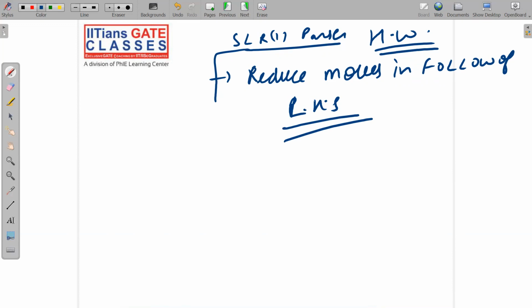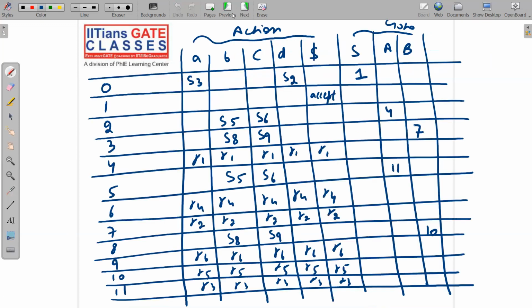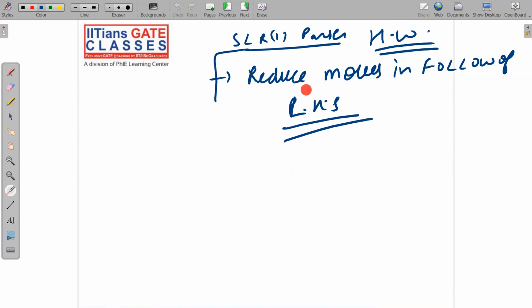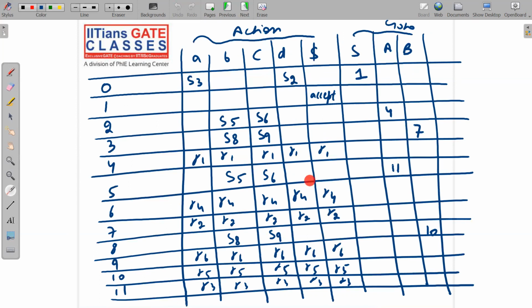Please try to follow it yourself. Still, if you have any doubt, then in the next class itself, first thing I will make the table, just to give you the answer about what the table for SLR1 will be. Please note it down carefully.